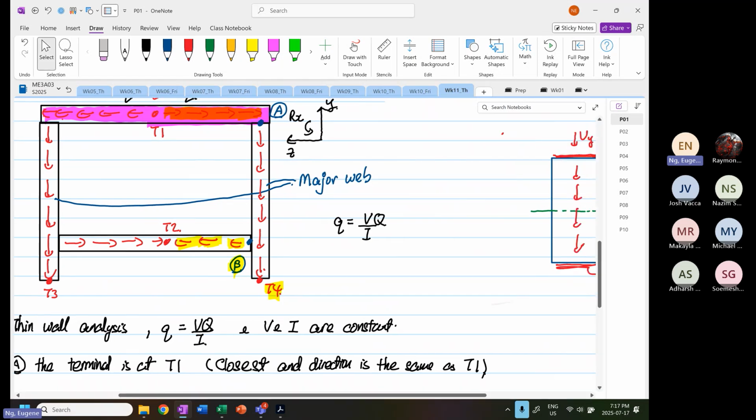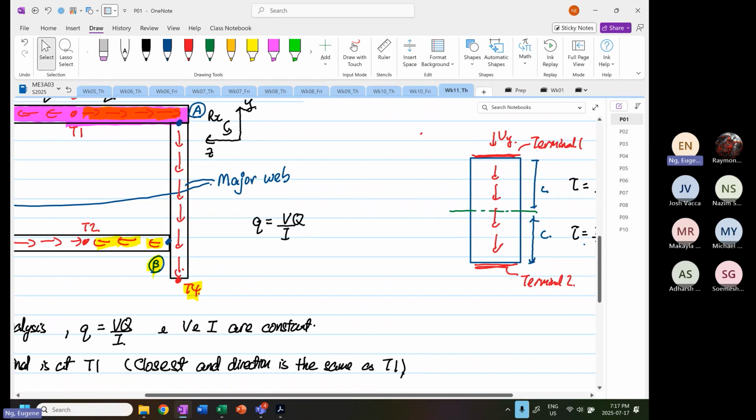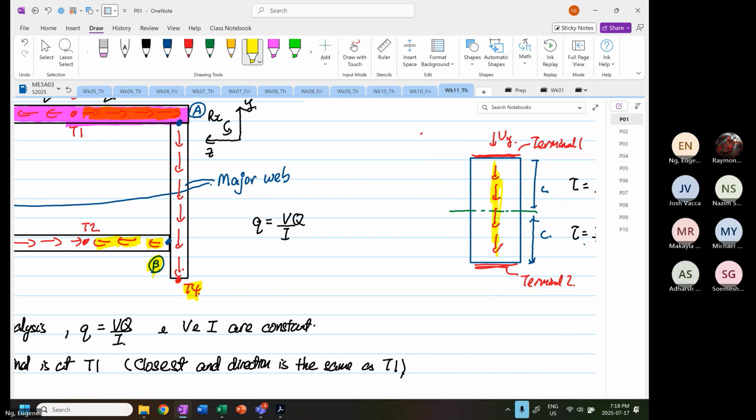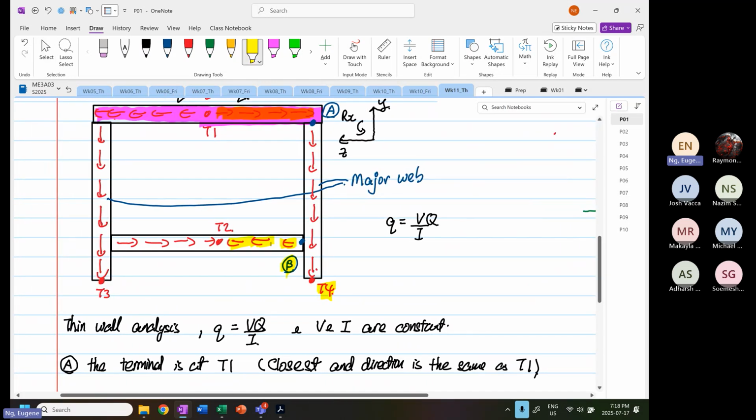That's where I draw this diagram. It is not just dependent on the proximity of the terminal, but more important is the shear flow. At point B, the shear flow is running horizontally.